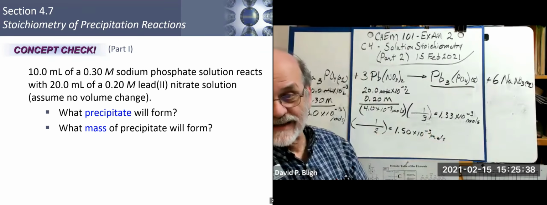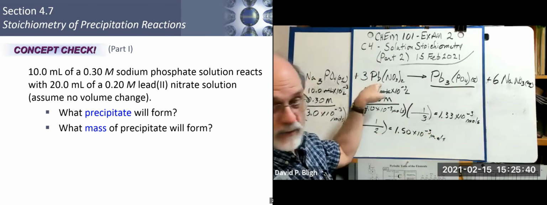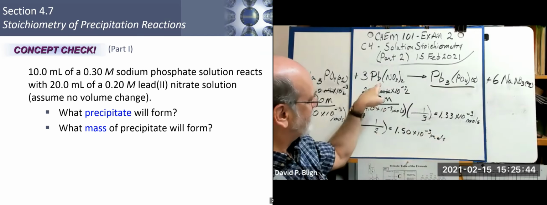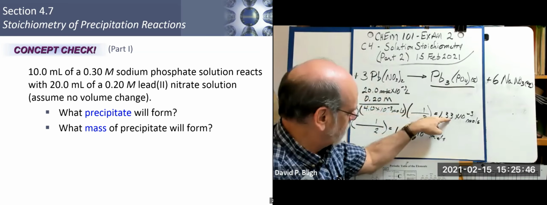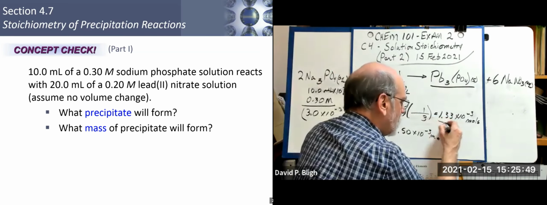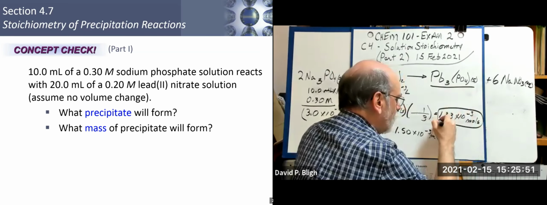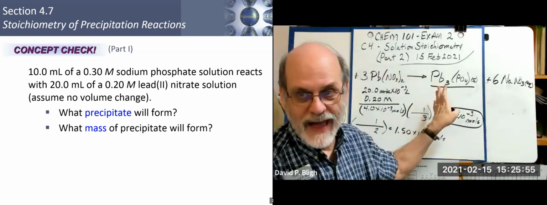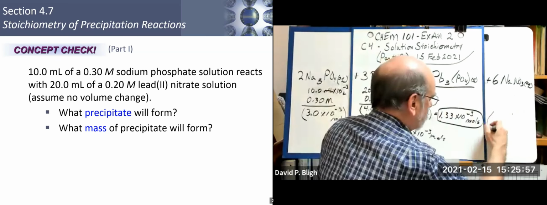All right, now which one's limiting? That one right there. So we'll take that one here, and we'll use this one. So now we know how many moles of that we have. Convert it to mass. Right?